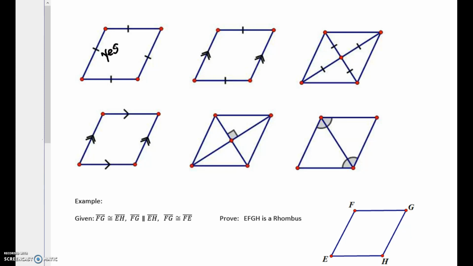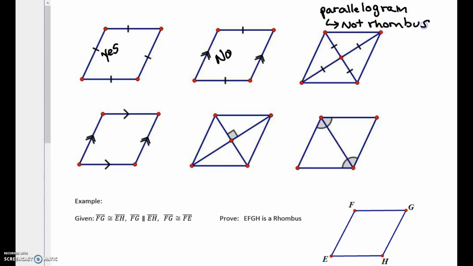So we can't even prove this to be a parallelogram, let alone a rhombus. So it's a no. In this next one, I've got congruent diagonals, but we could say it's a parallelogram because my diagonals are bisecting each other, but we can't really say that it's a rhombus.